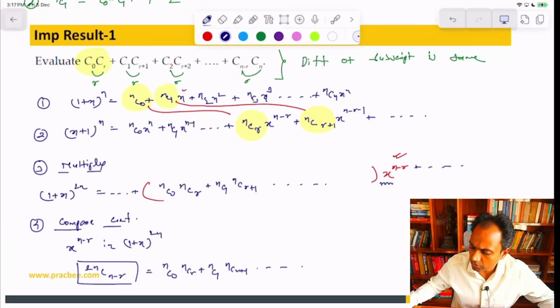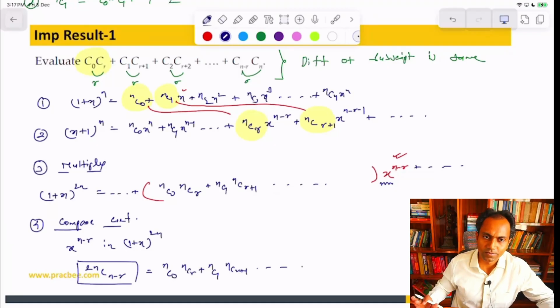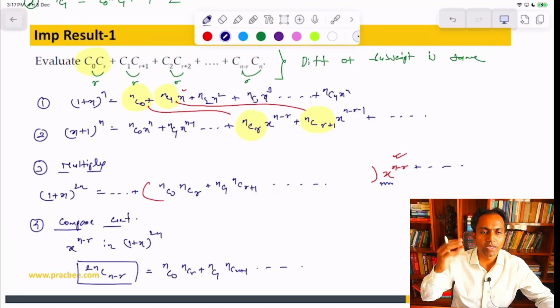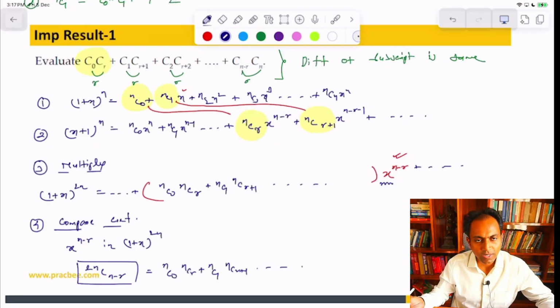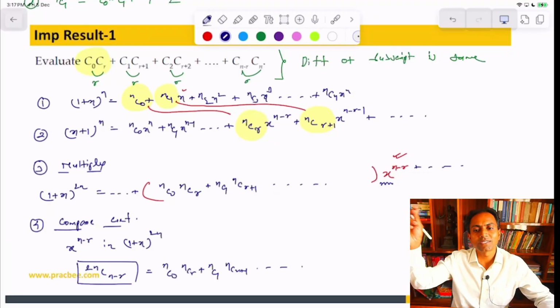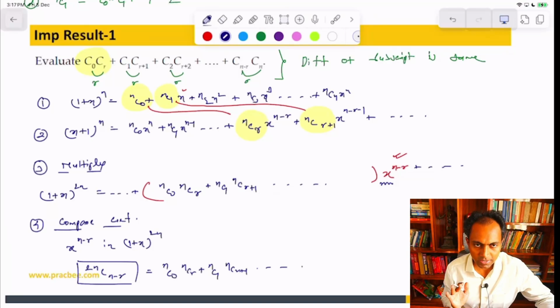Now what we are going to do is, this becomes a standard result. What can change is the power of (1 + x), that could be m and something else also. And corresponding to that, the superscript of nCr will also change. Okay, this is one change that can happen. Second change that can happen is, instead of r, there could be something else also. So these are the 2 changes that you will see in most of the questions.